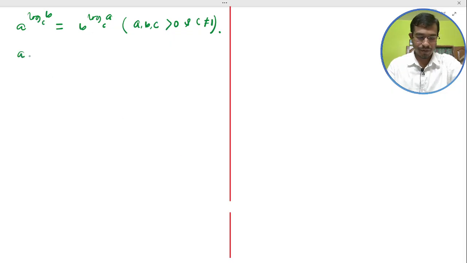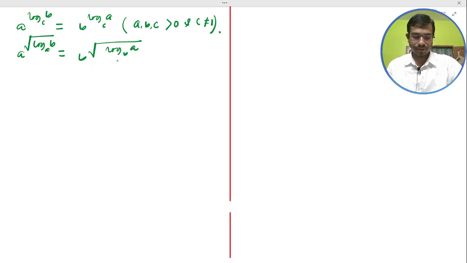Suppose A to the power square root of log B is nothing but B to the power square root of log A.